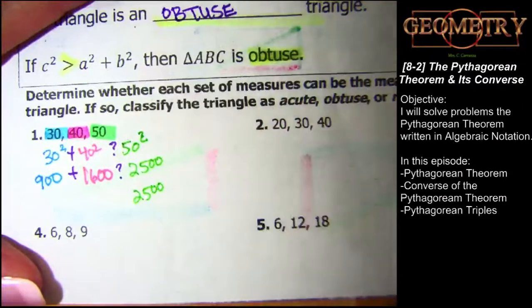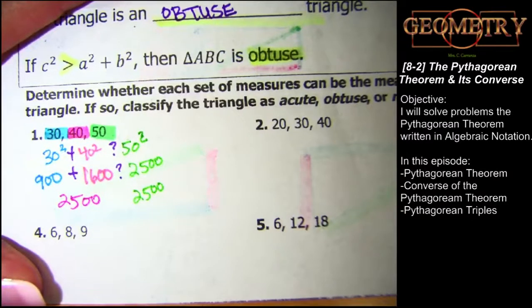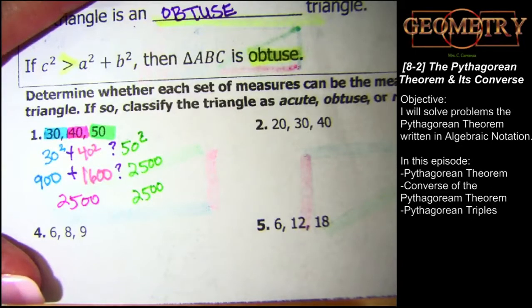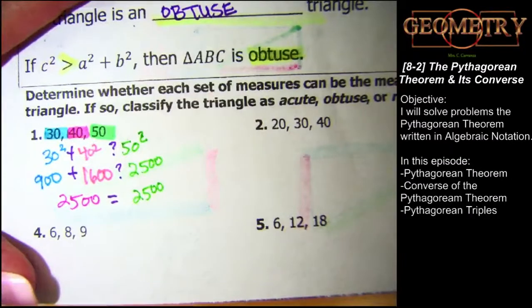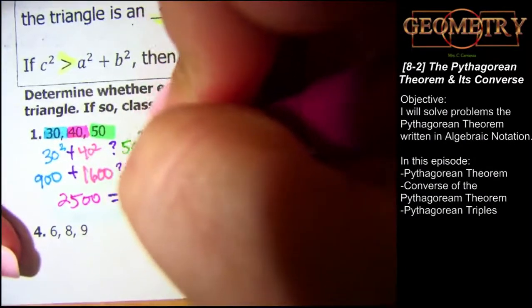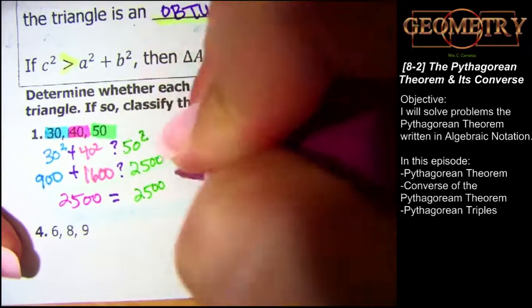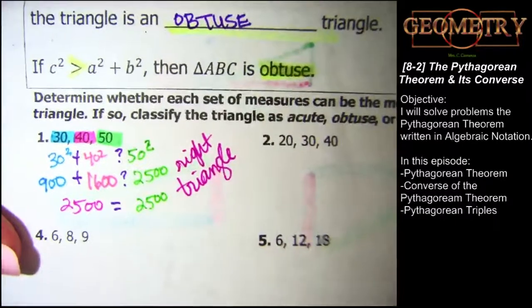What is that? 2500. Because 9 plus 16 is 25, and then we have the 100. How are these two numbers related? They're equal, and because they're equal, this thing is a right triangle. Very good. And we're just going to write right triangle, and we're done with our classification.